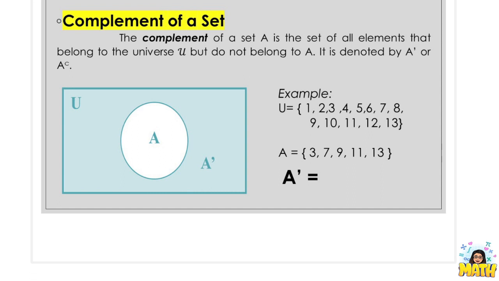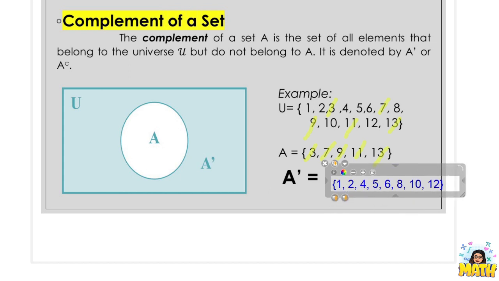So, pwede na muna nating tingnan ito. We have 3, 7, 9, 11, and 13. So, ayan yung mga elements ng set A. So, ano-ano naman ang mga natira? We have 1, 2, 4, 5, 6, 8, 10, and 12.